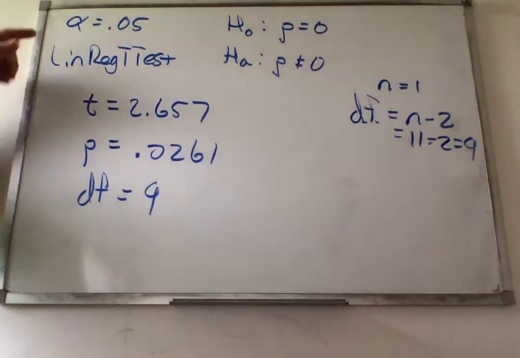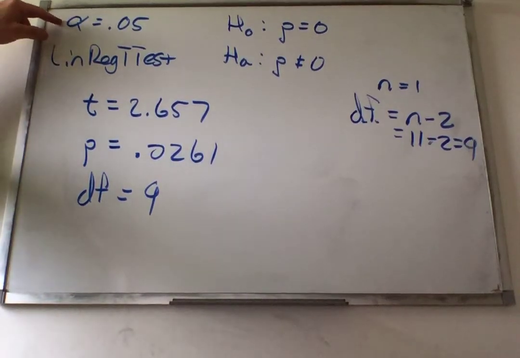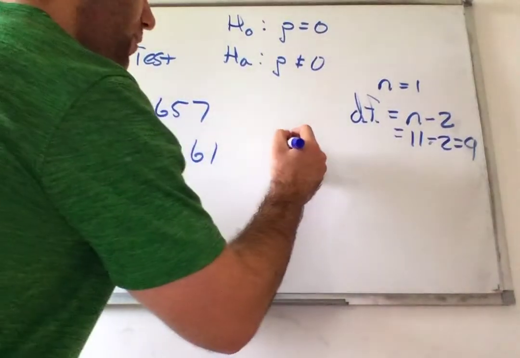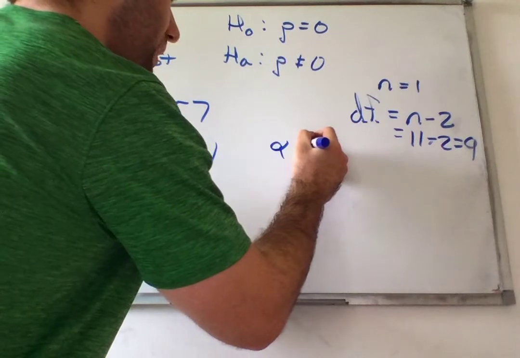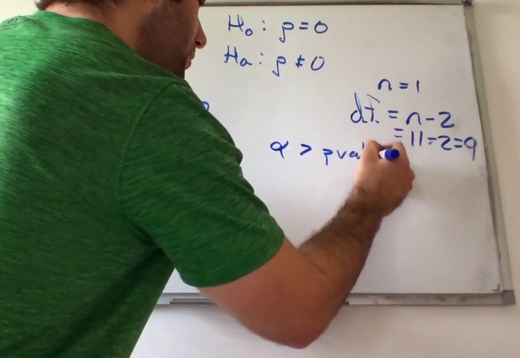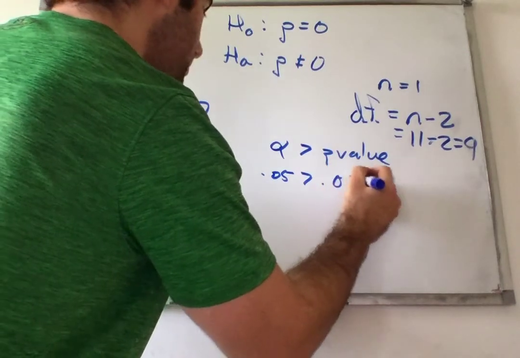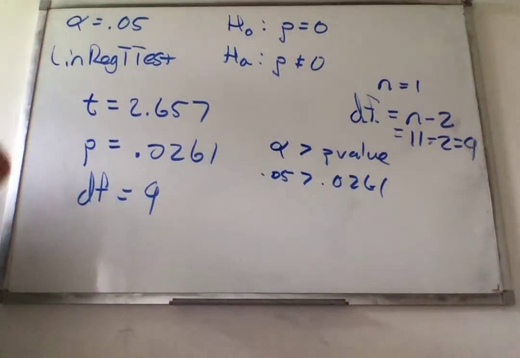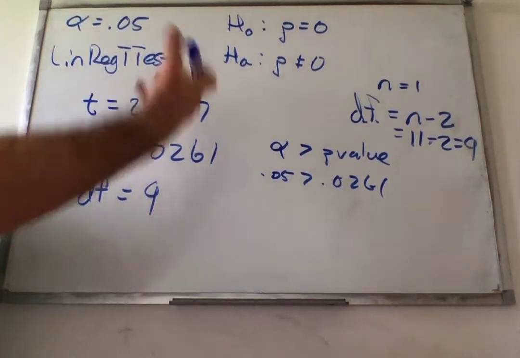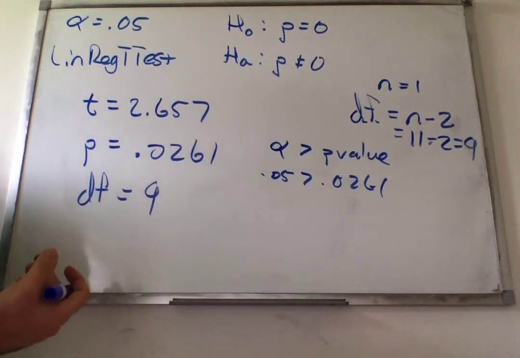So if we're testing this at a level of significance, alpha is equal to 0.05, well, our alpha value is greater than our p-value. 0.05 is greater than our 0.0261. Oh, I think I wrote it in the opposite way in the previous chapter.